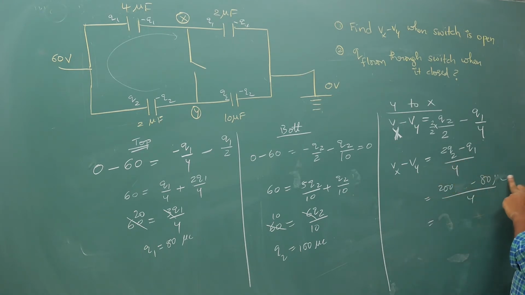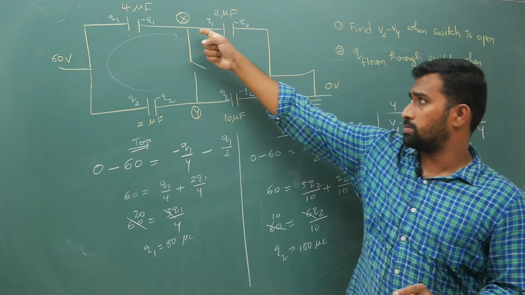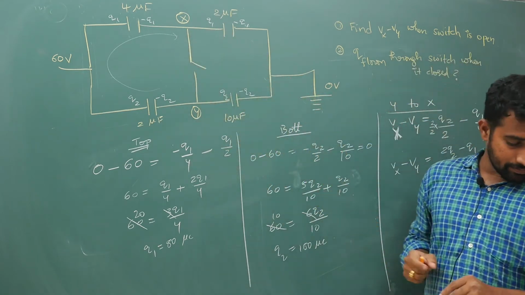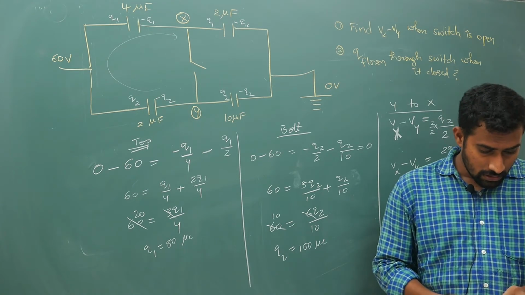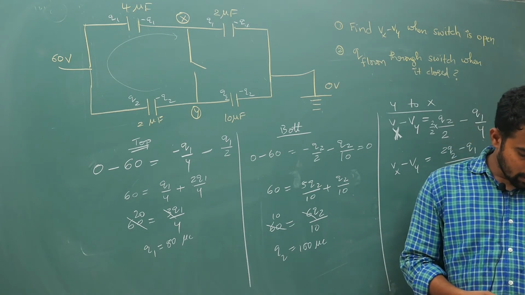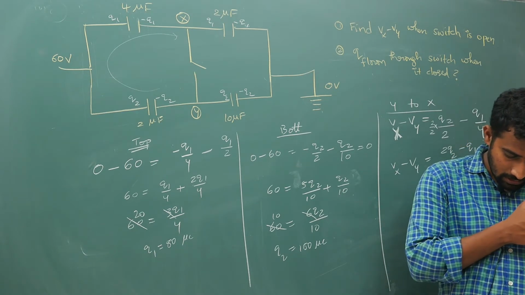You will get the answer in volt. So 200 minus 80 is 120. 120 by 4, you are going to get 30 volt. So your potential difference is 30 volt. So between this point and this point, when the switch is open, your potential difference is equal to 30 volt. That is how you are supposed to calculate your first answer.